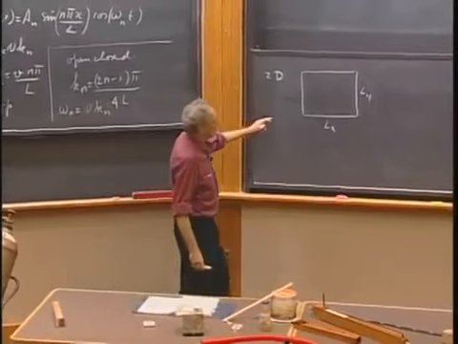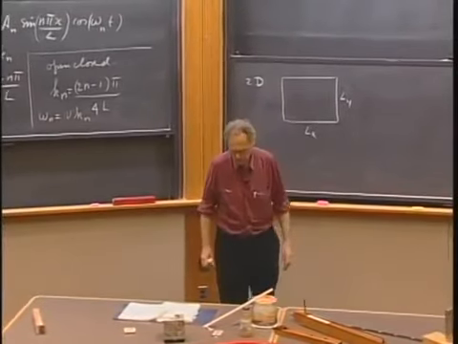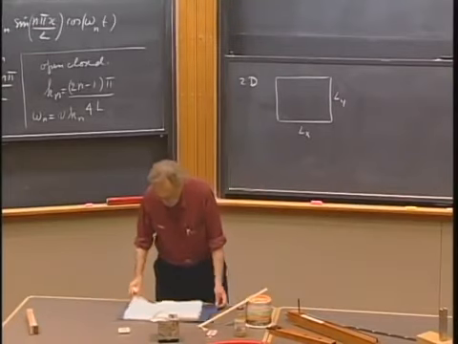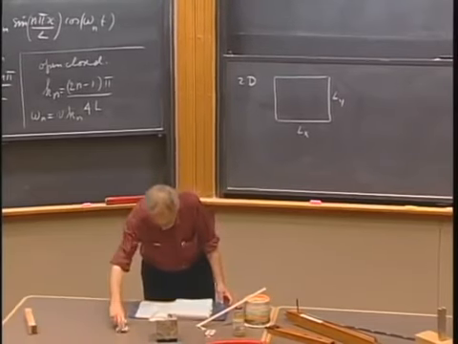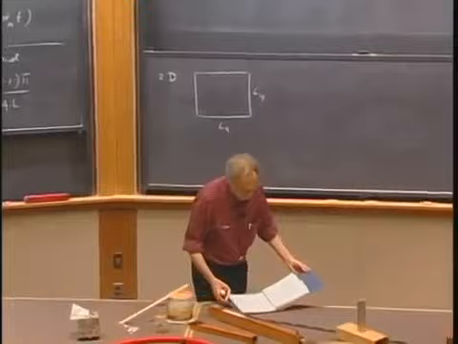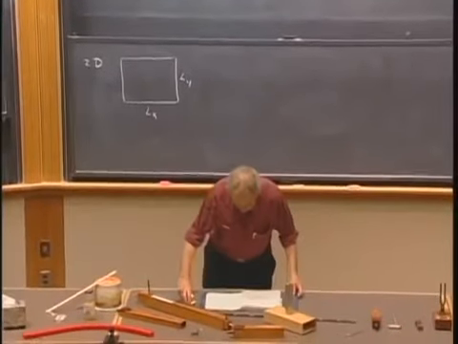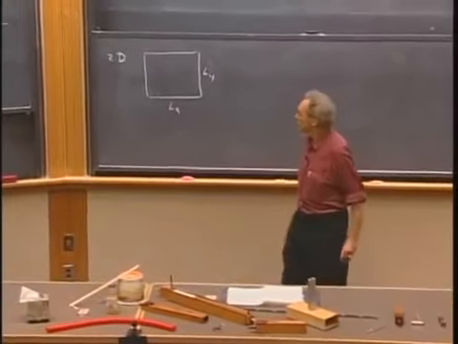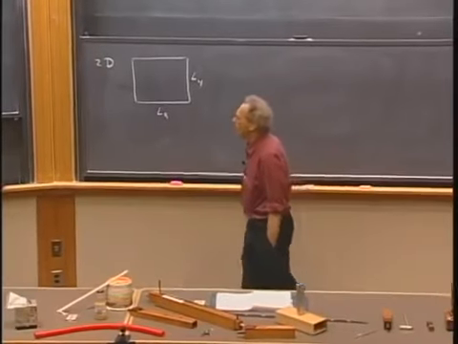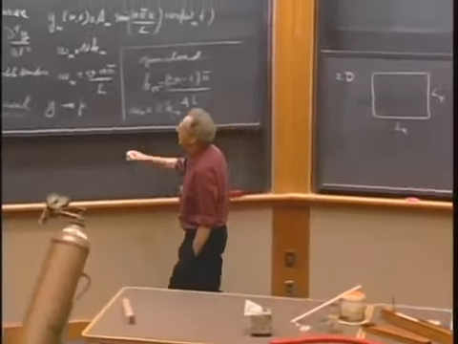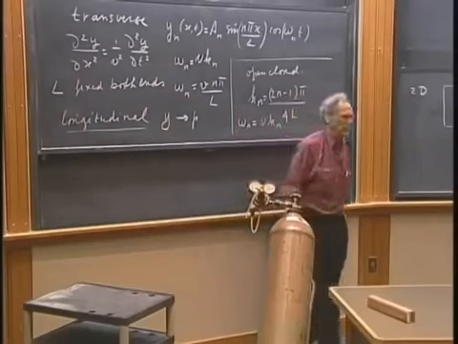And we will assume that the membrane is attached everywhere to the frame. So that is the boundary condition. It's everywhere attached. And so we want to know now what the normal modes are for this system.